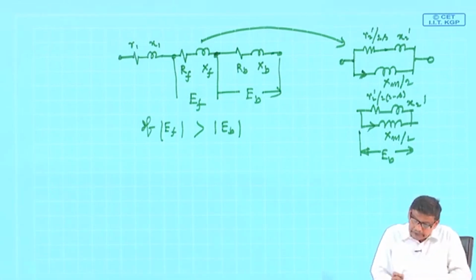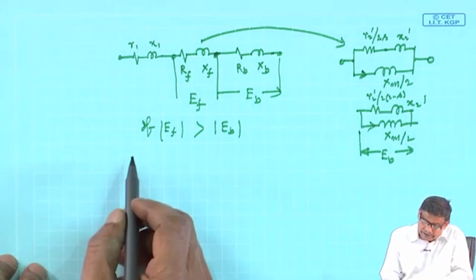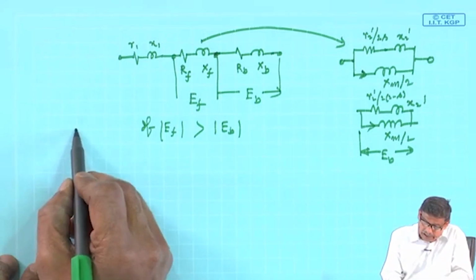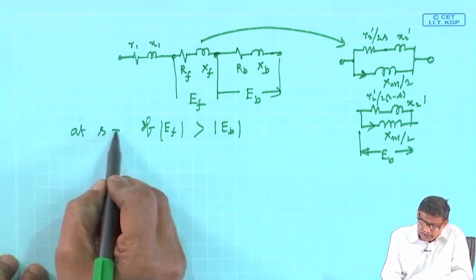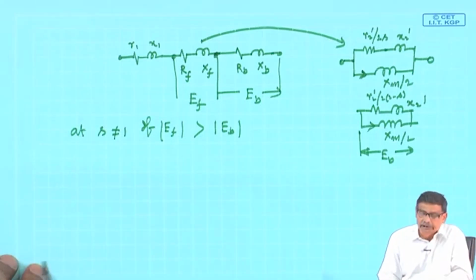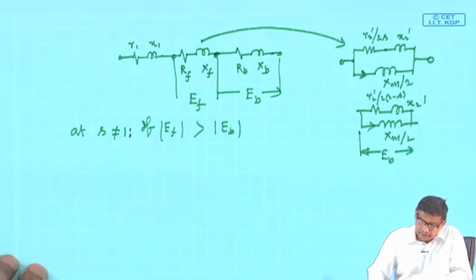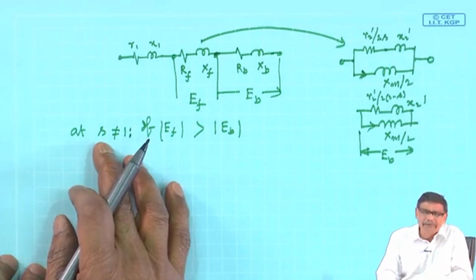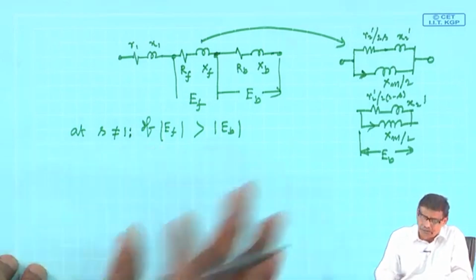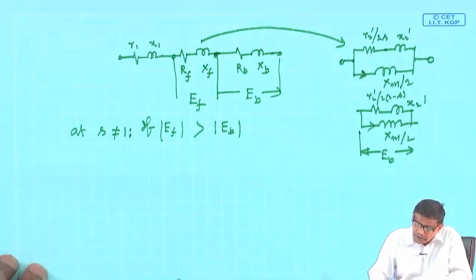Now, let us see what happens at any slip, at s not equal to 1. This is the situation. So, at any slip s for forward motor slip, S f I am not writing, it is understood it is forward motor slip I am talking about.